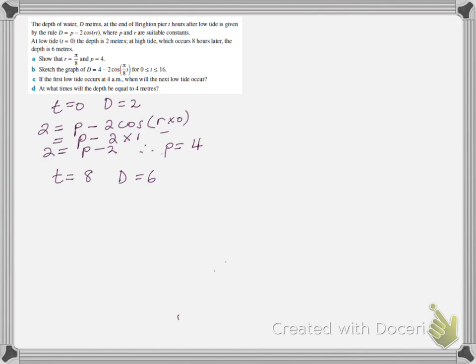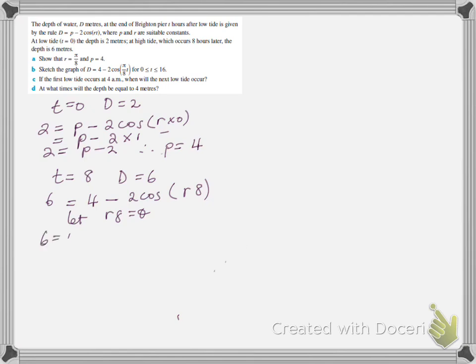So now let's show that R equals pi on 8. There's a couple of ways to do this. Let's just do the same thing and substitute those values into the expression. So 6 will equal 4 minus 2 cos, and then we've got R and at time 8. T equals 8, so I'm just going to say for now, let R8 equal theta, and substitute in like I usually do.